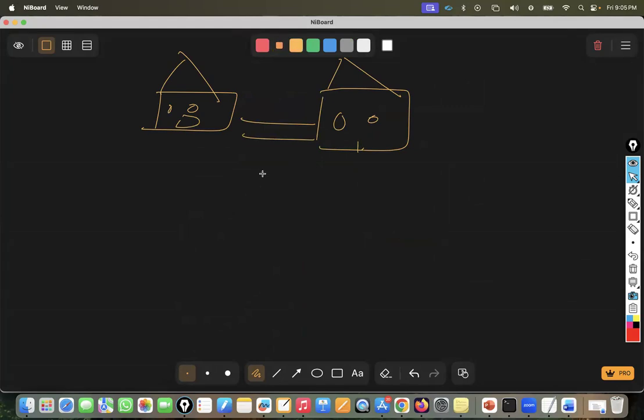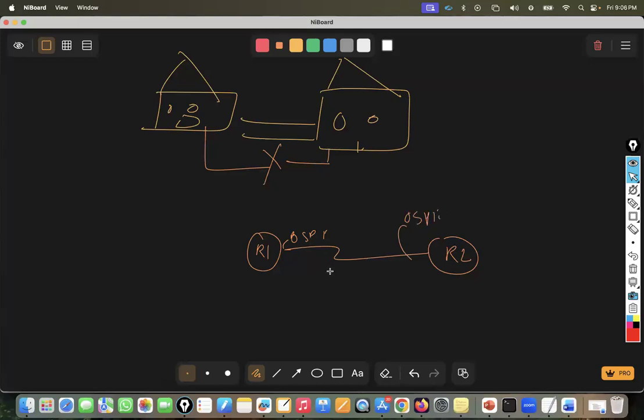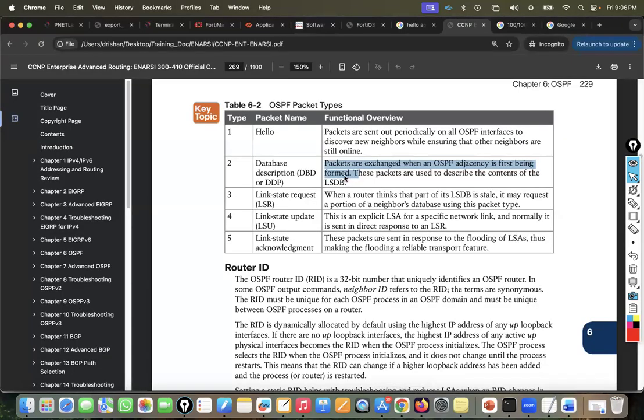But maybe we do not have good relations and are not speaking to each other, so we are not adjacent. Similarly, you are a router, I am a router, you enable OSPF, and I also enable OSPF. Both are neighbors because we have similar properties, but we cannot form the adjacency unless I can start exchanging my database, meaning unless we have the talk. Being neighbors, if we are not going to talk, that means we are not adjacent.